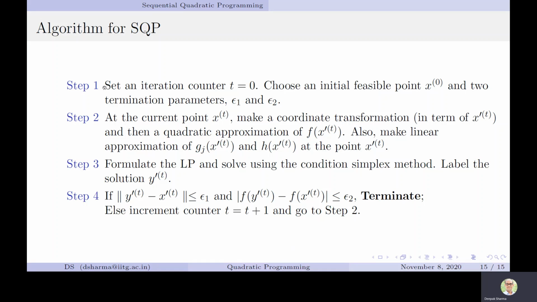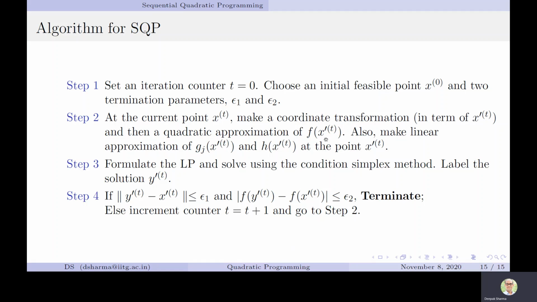Now in SQP, first we start with the iteration t equals 0. We will be starting with the initial point x0 and the termination conditions e1 and e2. In step 2, we are going to transform first. So given x_t, we are going to transform it to x prime t. You may remember that we have to perform this for a nonlinear programming problem, NLP.